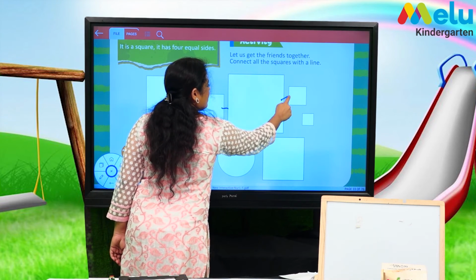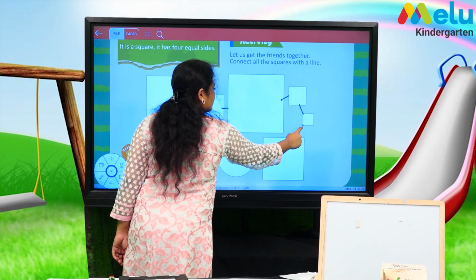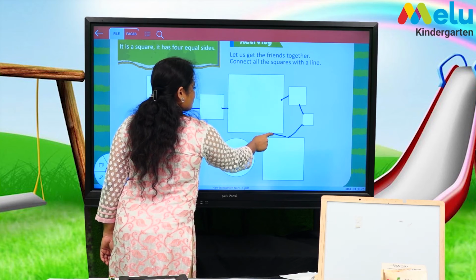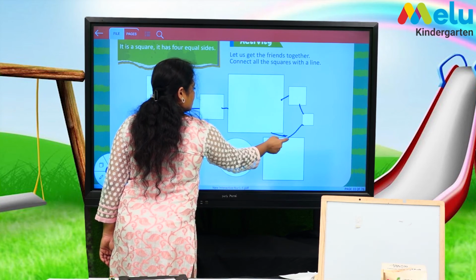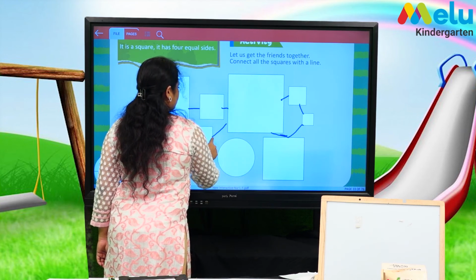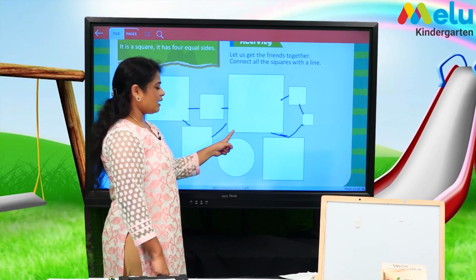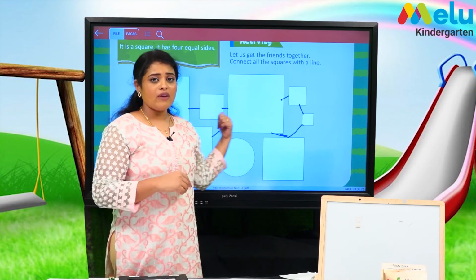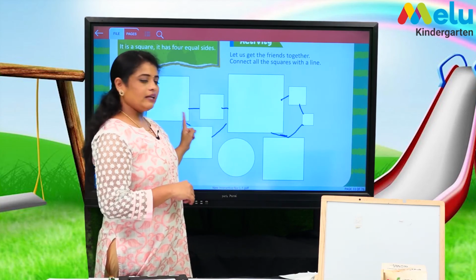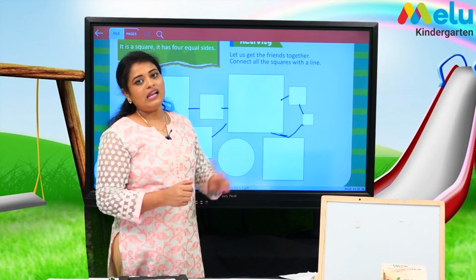Connect these two squares again, and these two squares. So did I connect all the squares together with a line? Yes. So you have this activity in your book. You need to identify and connect all the squares together with a line.